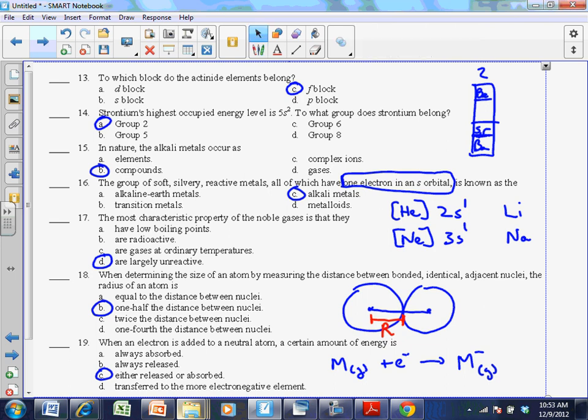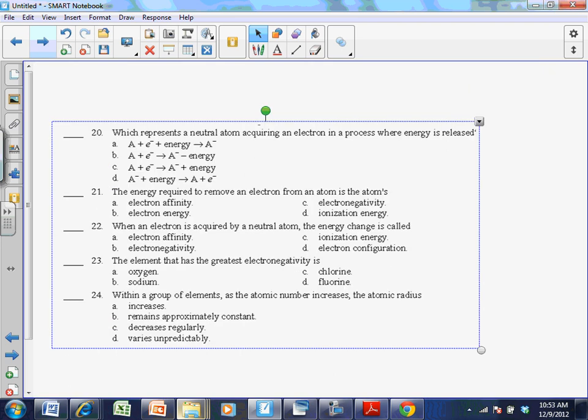Next one. Okay. Which represents a neutral atom acquiring an electron in a process where energy is released? So the neutral atom is A, and it's acquiring an electron. So that rules out D, because that's losing an electron. So A is gaining in A. In choice A, the element A gains an electron, but it also requires energy.